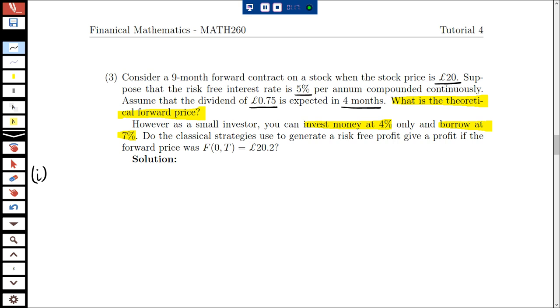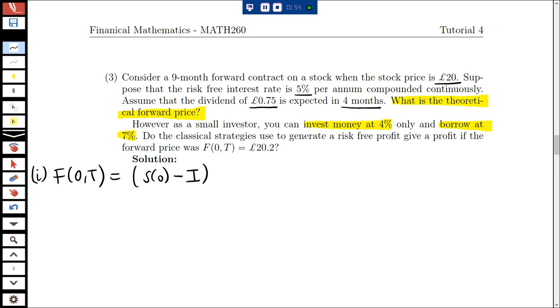What is the theoretical forward price? Well, we know with no dividend, it's S0 e^(rT), but with a dividend, we need to treat this as a negative cost. So we need to make some adjustment to it. The negative cost, we need to take the income, we need to discount it to today's value and subtract it from the share price.